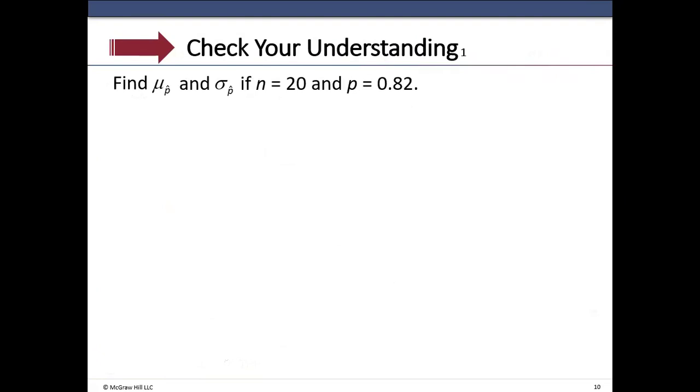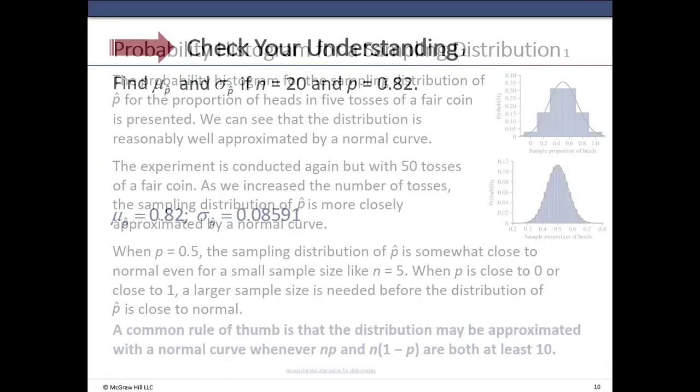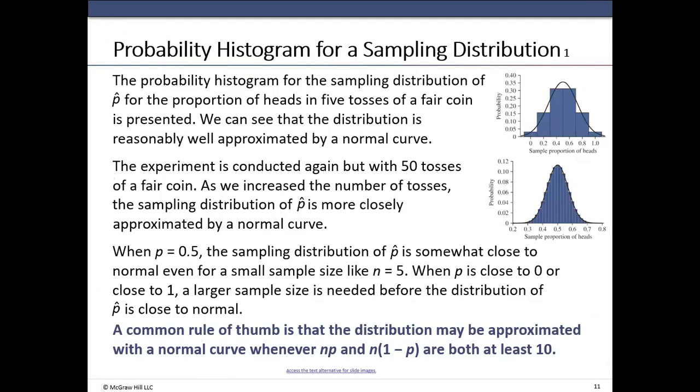Find mu p hat and sigma p hat if n is equal to 20 and p is equal to 0.82. Then mu p hat will be equal to the population proportion, 0.82. And sigma p hat will be second x square, square root. Inside the square root, p is 0.82, then left parenthesis 1 minus 0.82, right parenthesis, divided by n, which is 20, and hit enter.